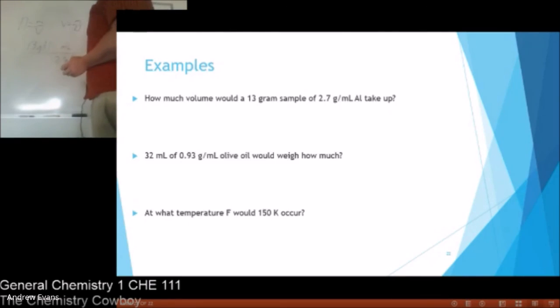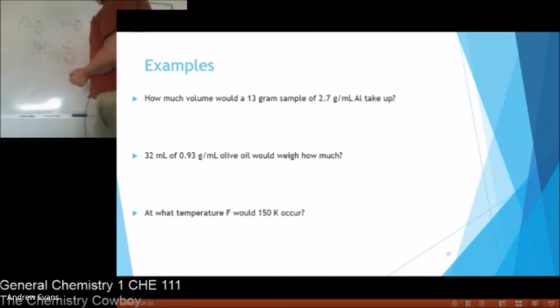I could say 2.7 divided by 13. I could have 13 divided by 2.7. I could have 13 times 2.7. But only in this case do grams cancel grams, and I'm left with a volume up top.